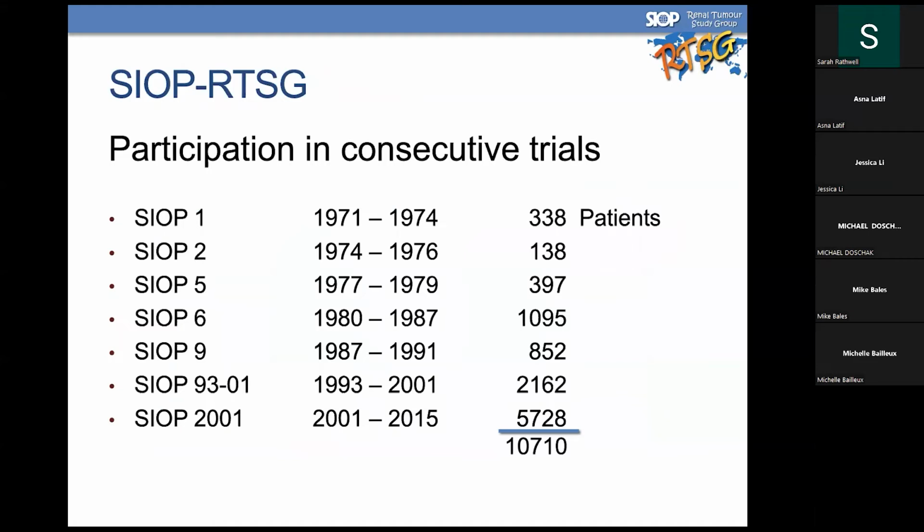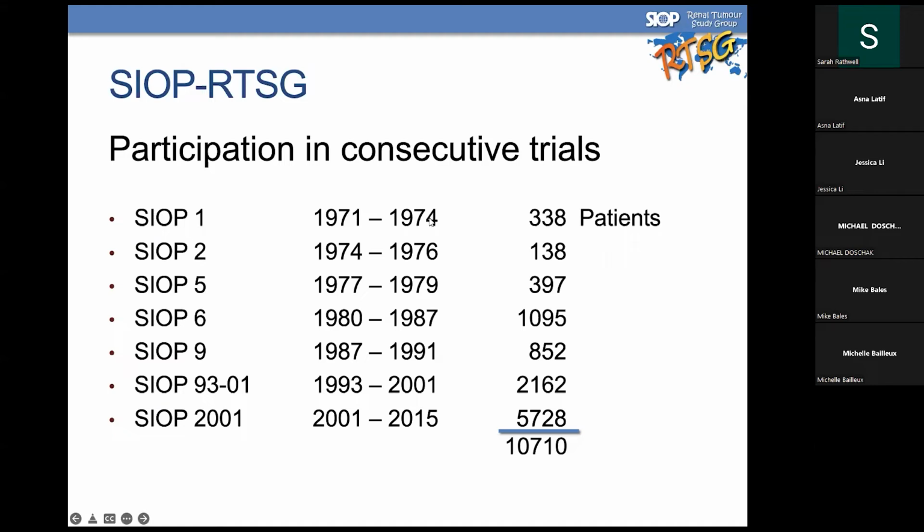But these regulations that came up are also showing another problem we are facing. I should show it with the renal tumor study group and the different trials we had over time. We started with a trial in the beginning of the 70s of the last century.